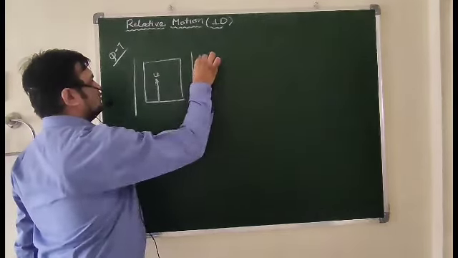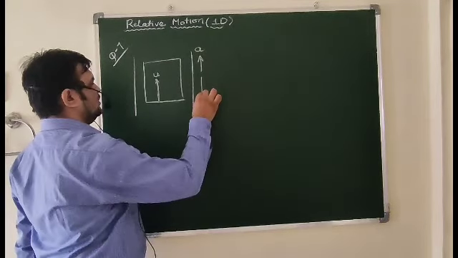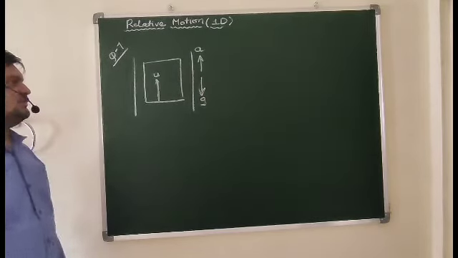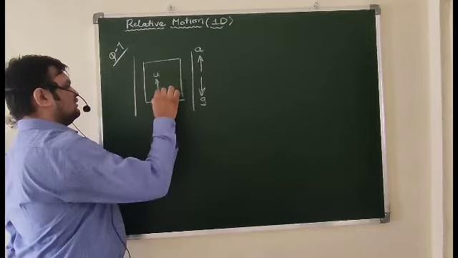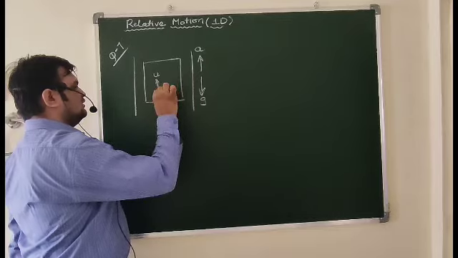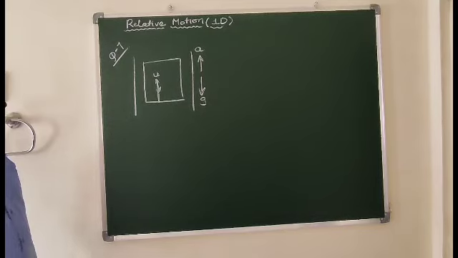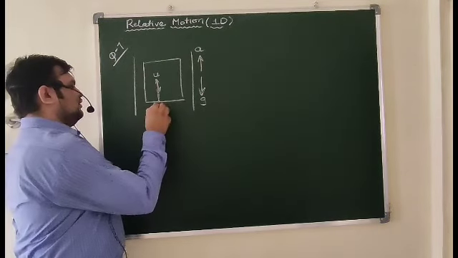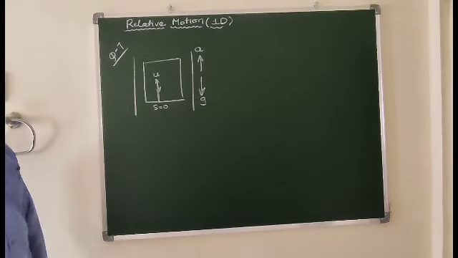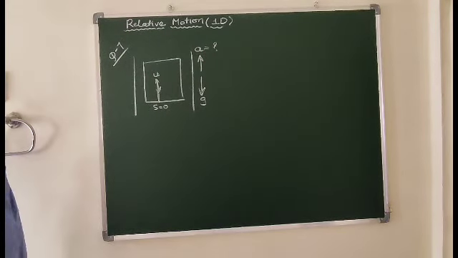The acceleration with which the lift is moving is A, and the gravitational acceleration is G. Now this object is thrown up with a velocity u, and it comes back to the same place. So the relative separation is 0. Now we have to find out the acceleration of the lift.